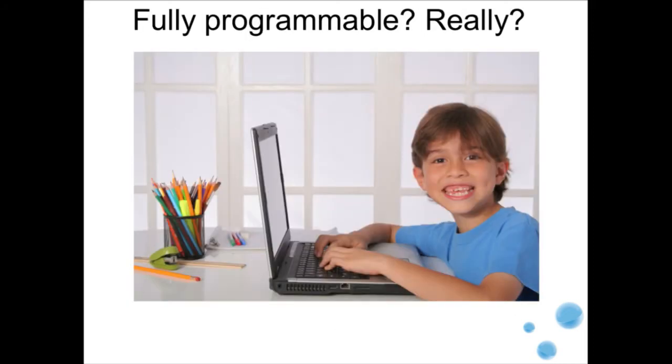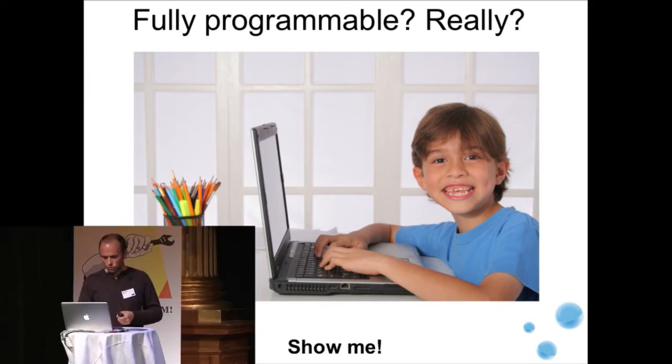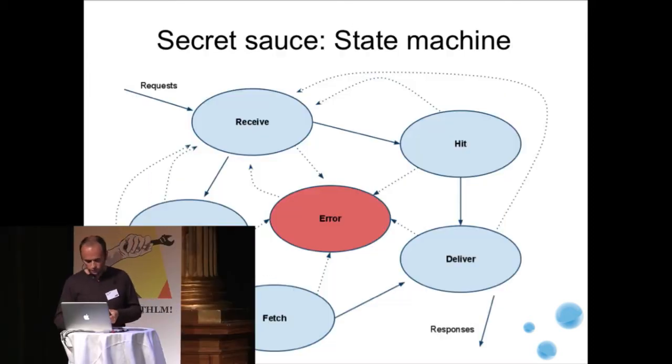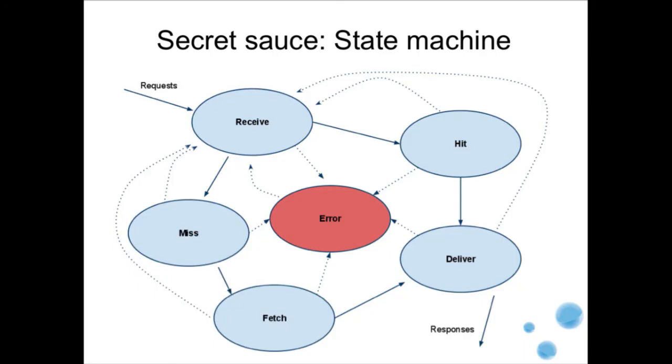Okay, so another sort of programming challenge. I see I switched places on those two slides. This is why Varnish is programmable. It's a state machine. Most of you are programmers, so you know what a state machine is.